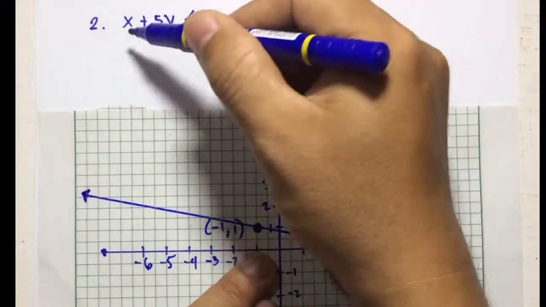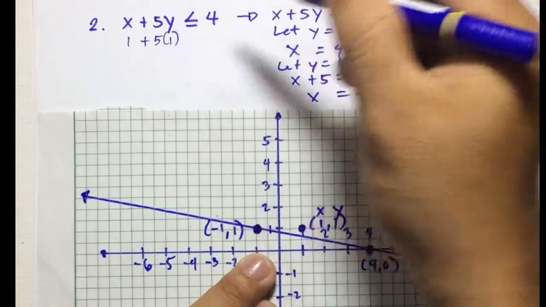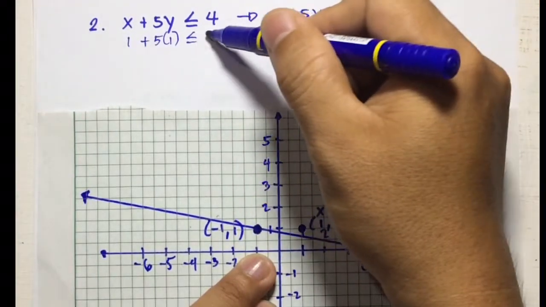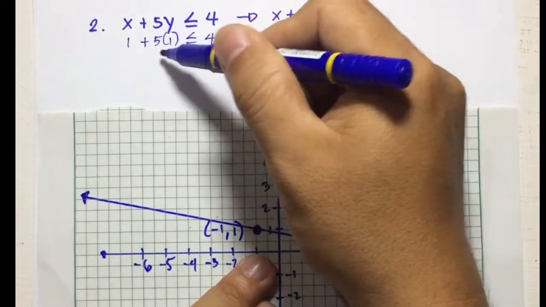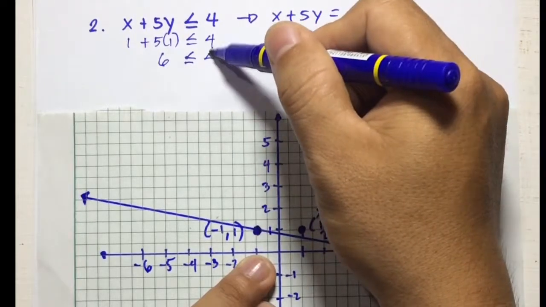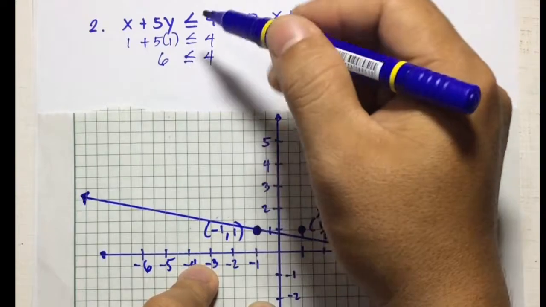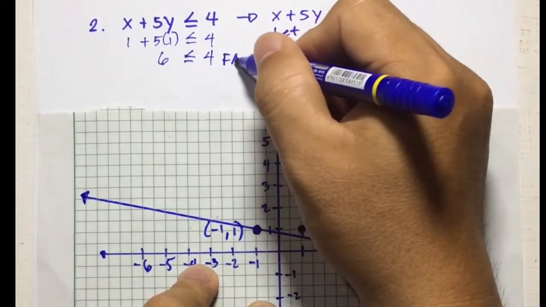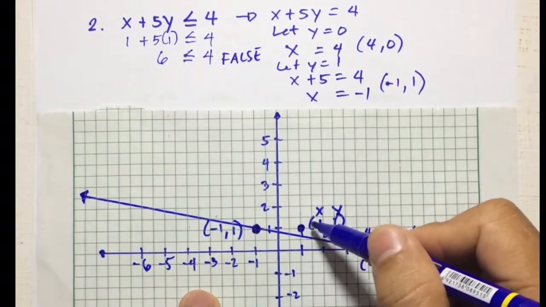So we have x is 1 plus 5 times 1 less than or equal to 4. So 5 times 1 is 5 plus 1, that will be 6. So 6 is less than or equal to 4. This is false. Meaning, the point (1, 1) is not part of the solution.